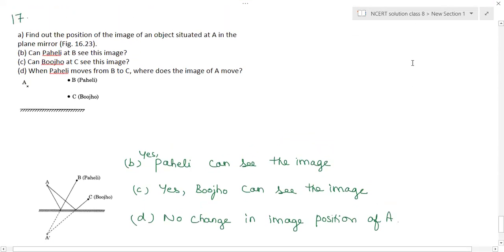No. And can Bujo see the image? Yes. And yes, Paheli can see the image. Bujo can also see his image.